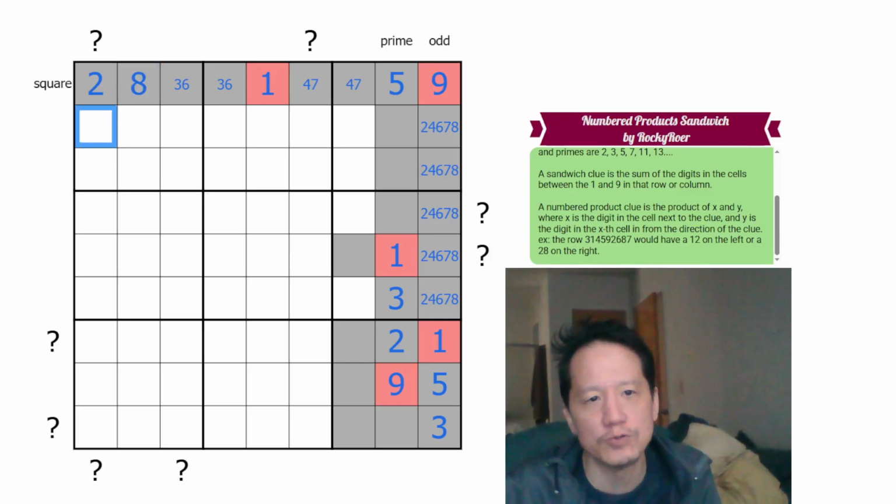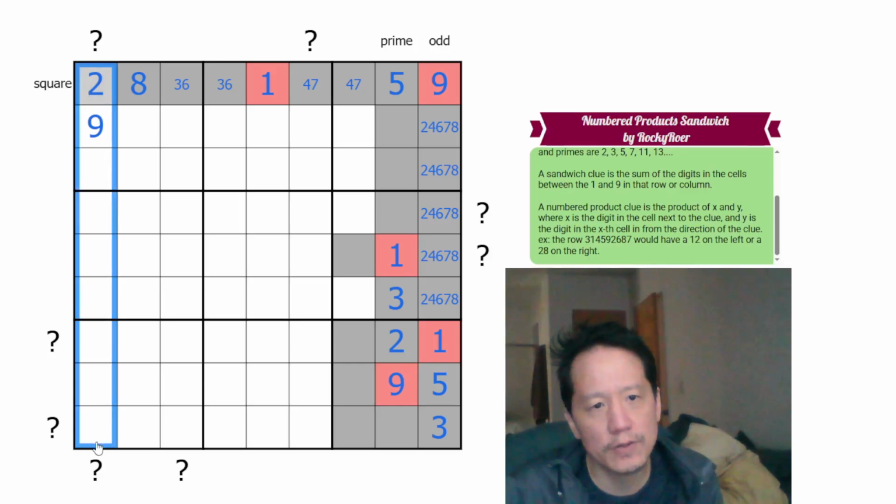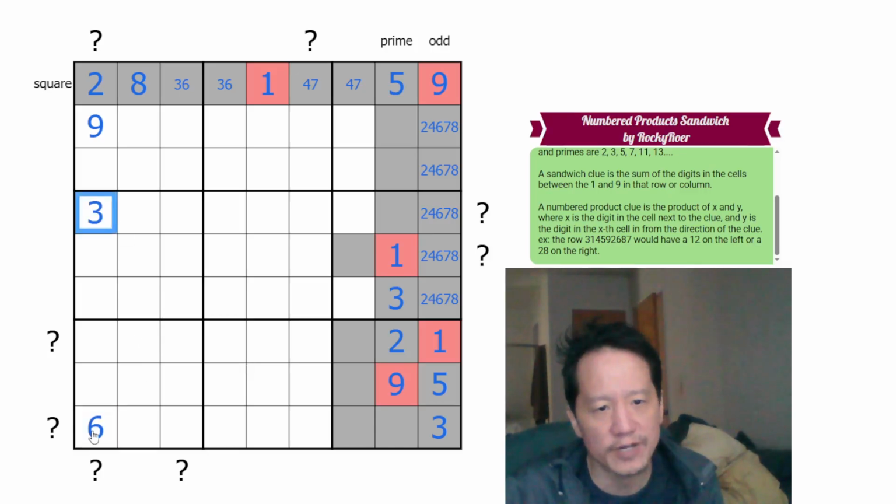So this must be 2 and 9, which means the remaining ones have to be 6 and 3 to multiply together to get 18. So this is 6, this is 3, because it can't be 3 here. And what's in between the 1 and the 9 has to be 18. Well, it can't be here.